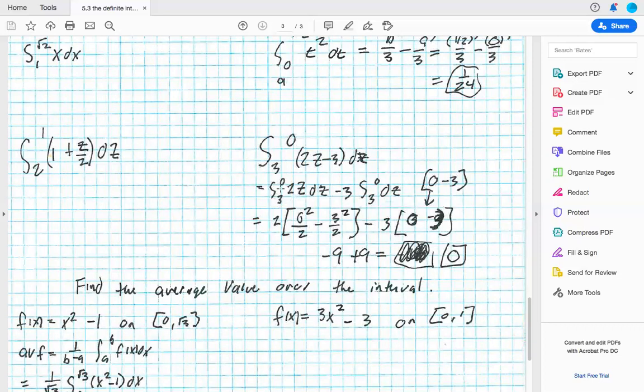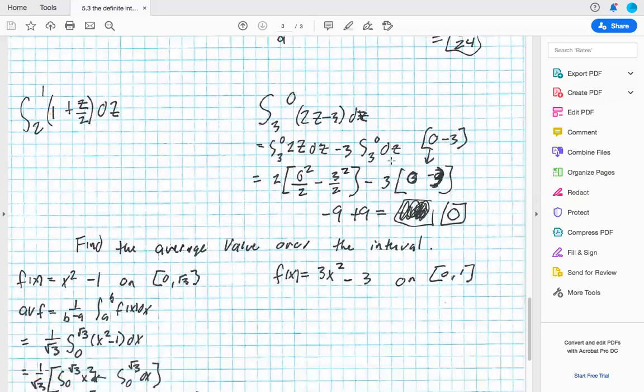Because we're going from 0 to 3, we plug the upper bound in here, the lower bound in here. 2 times the upper bound squared over 2, minus the lower bound squared over 2, minus 3, this is just the constant function 1, so that's like 3 times 3 minus 0 times 3. When we calculate this out, we have 9 minus 9, 0 area under this curve, which means that somewhere between 0 and 3, it's under the x-axis, it's over the x-axis, and that's about it.